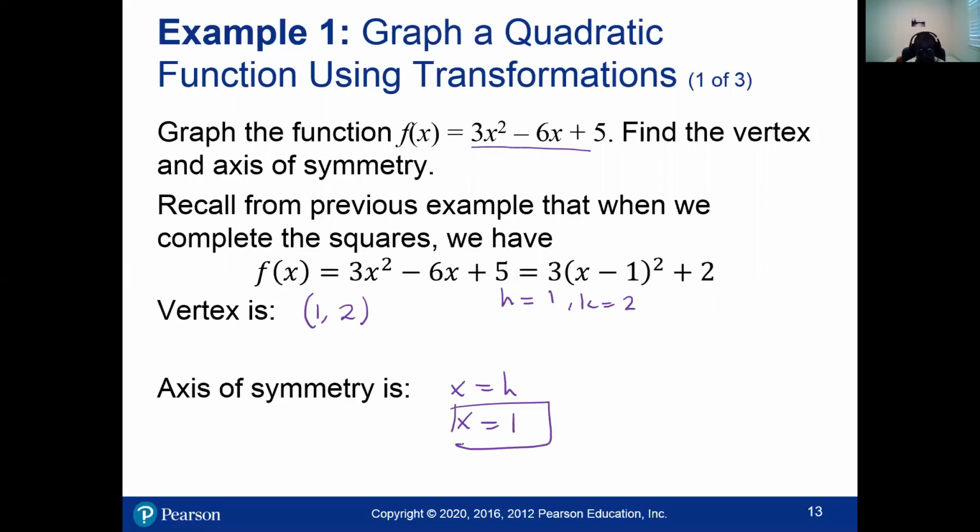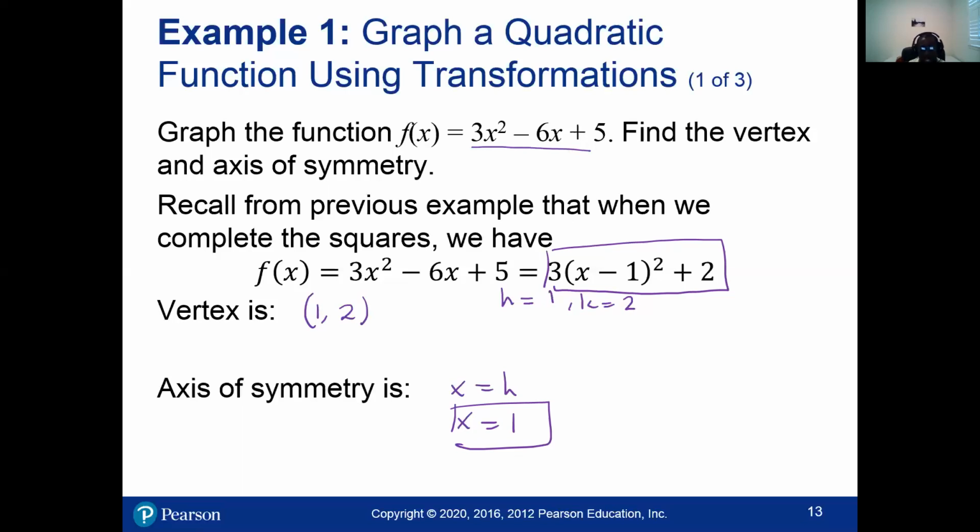So from that, if we give you a quadratic function like this, and they ask you to find the vertex and axis of symmetry, remember there's a lot of work. It means that you have to put it in the vertex form, and then you can get your vertex and the axis of symmetry.